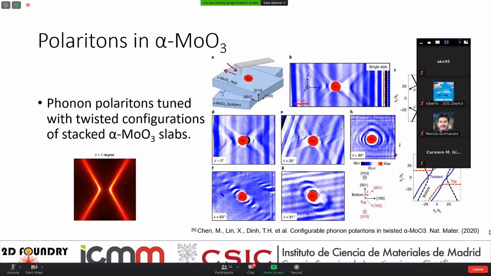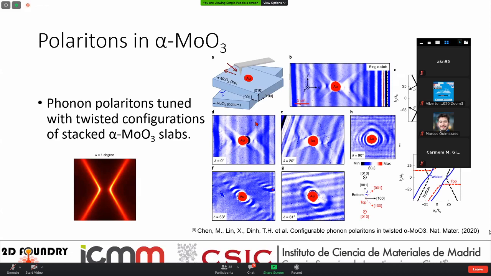But also, a month ago this paper was published by Chen, Carrillo and their companions, in which they place slabs of molybdenum trioxide one on top of another at different angles, and with the same technique, these are real images, they see this polariton dispersion.